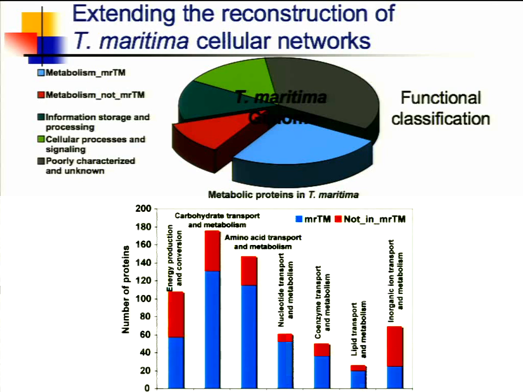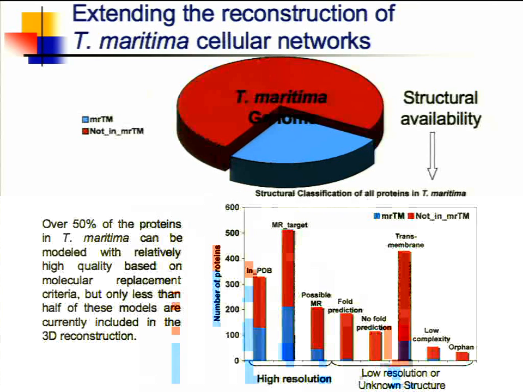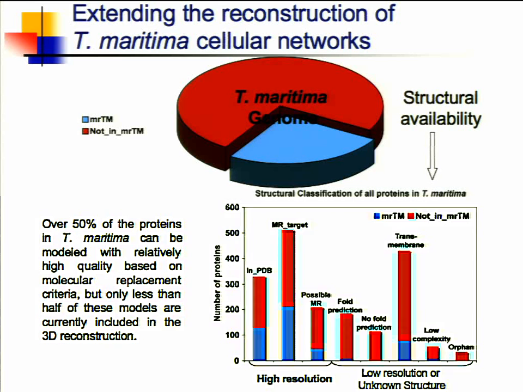However, if we look at the bright side, thanks to structural genomics, we now have over 50% of the proteins encoded in the Thermotoga maritima genome already having very high quality structural models. So in the next step, how to utilize those models will be essential for annotation of the entire genome and trying to incorporate them in the reconstruction.